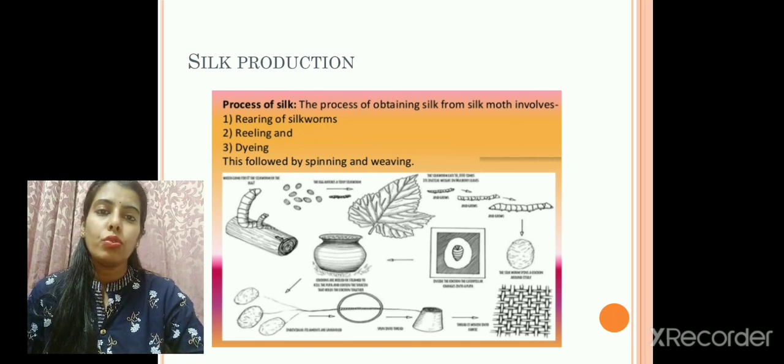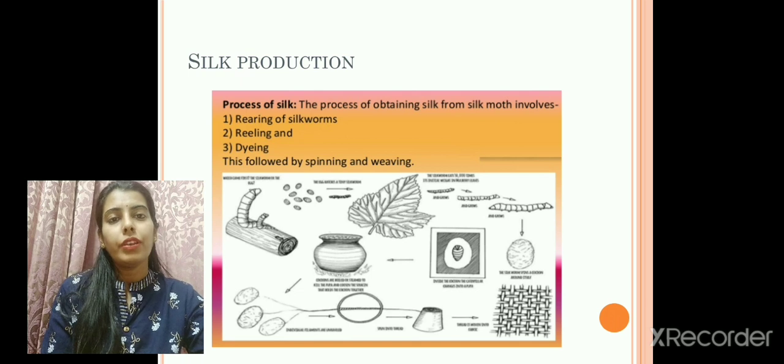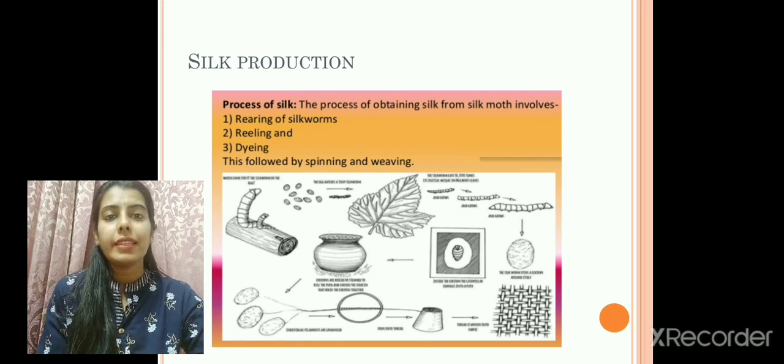Now these cocoons are not allowed to burst out, because once they open out, the adult silkworm will start coming out from it and it will fly off. So what people do commercially is they take these cocoons and put them in boiling water. Yes, it's a cruel practice, but silk production is done this way.